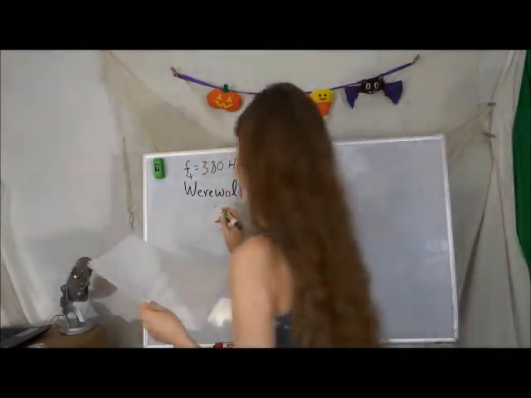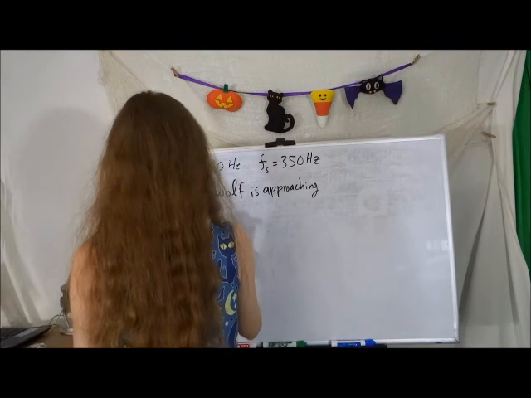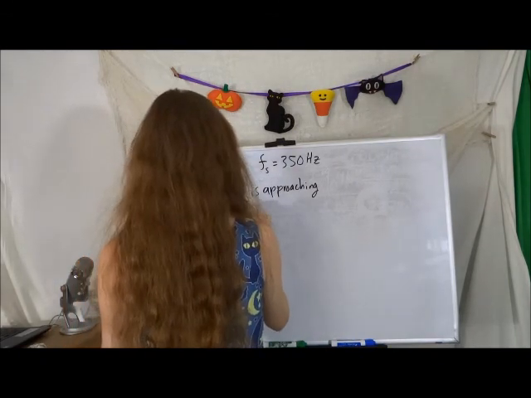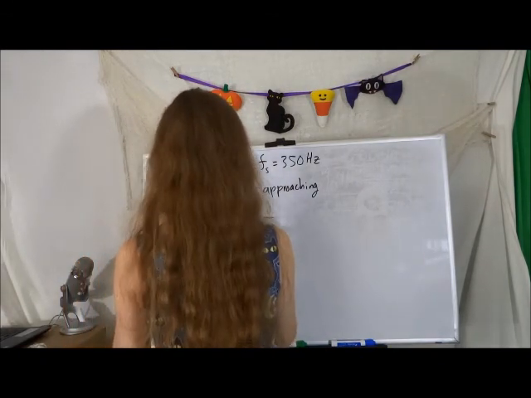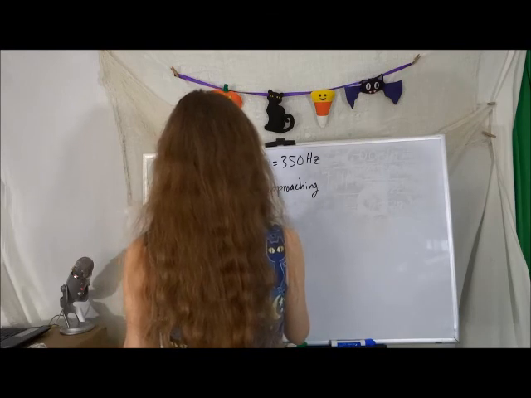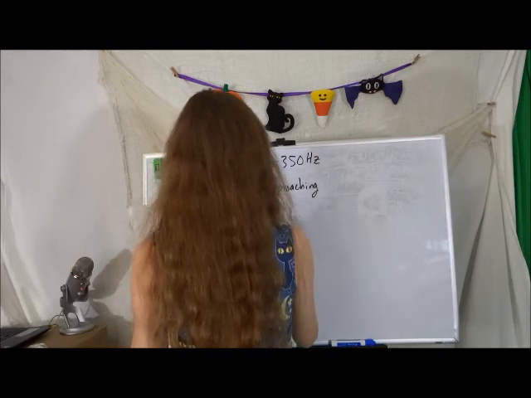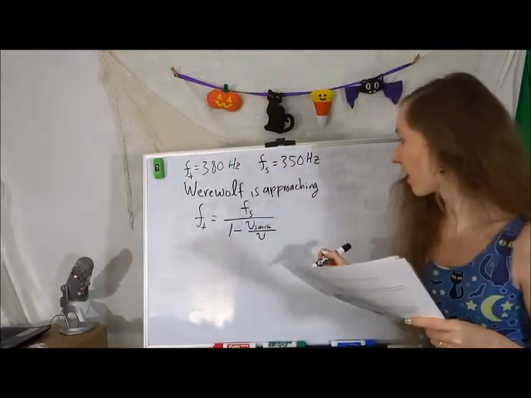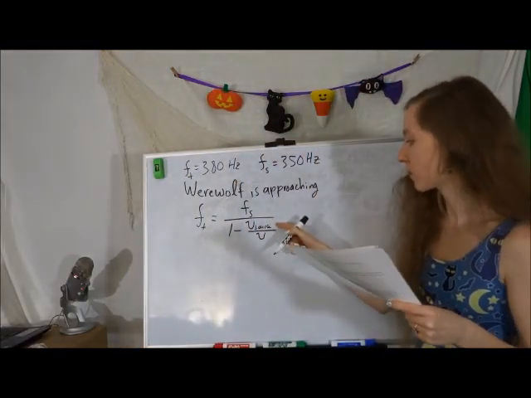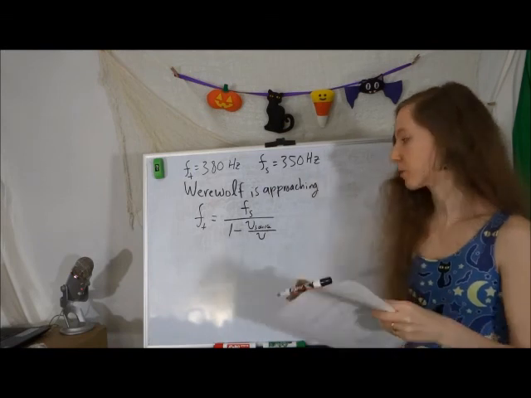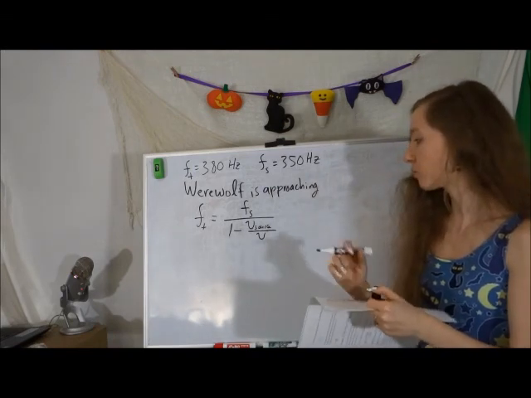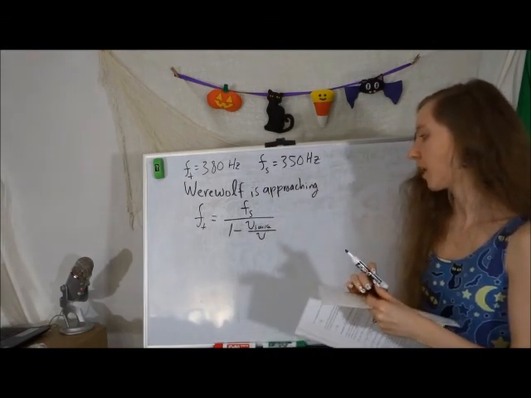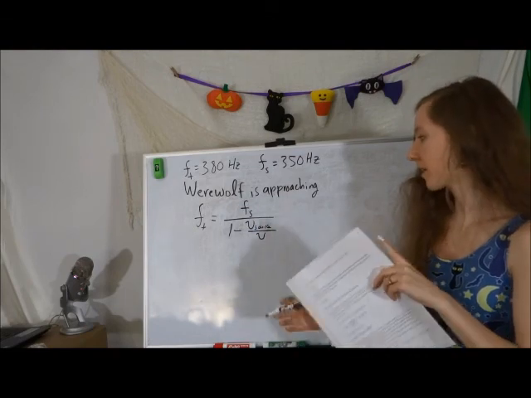So we know that F plus is equal to F sub s divided by 1 minus V source over V. We want to solve for our werewolf speed, which is V source. So the first thing we're going to do is multiply both sides by what's in the denominator.